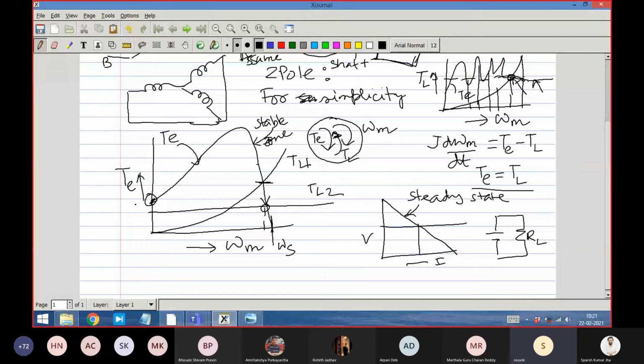Electrical time constants are very, very small compared to the mechanical time constant. The mechanical time constant involves J, the moment of inertia, and all those things are much higher. So though there is a little transient time, the electrical system is of a much lower order compared to the mechanical time constant.